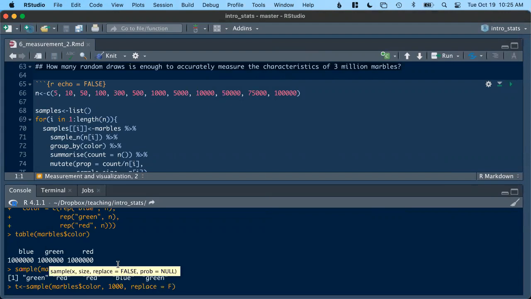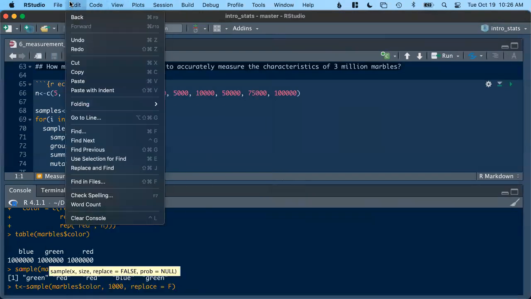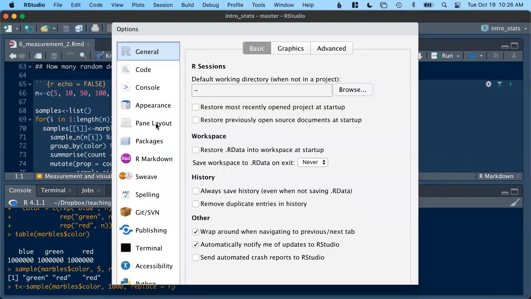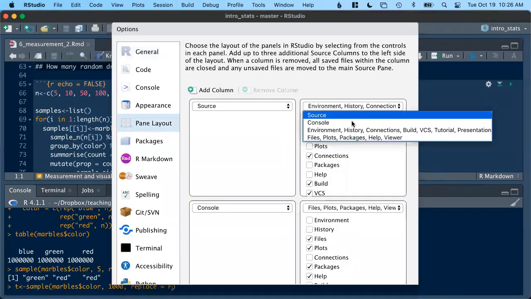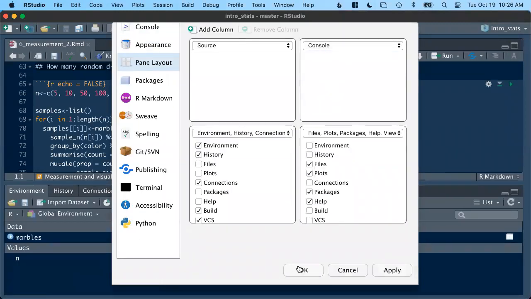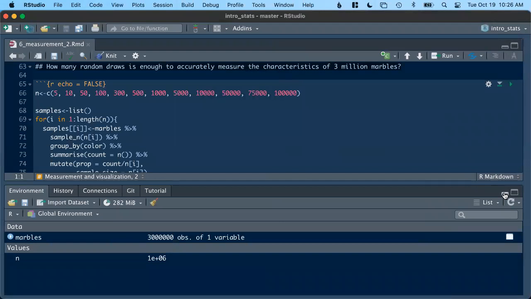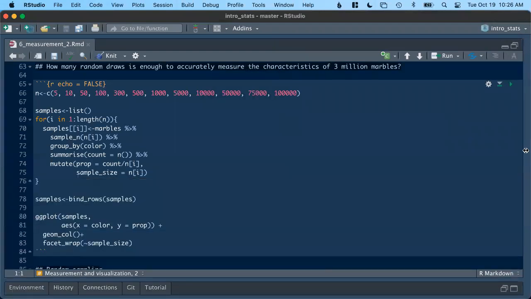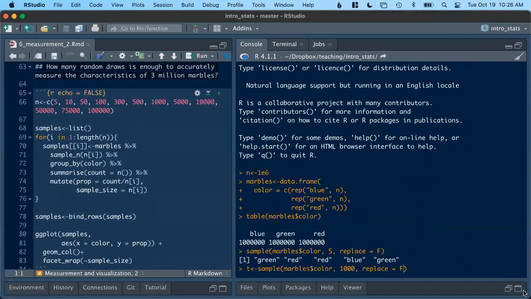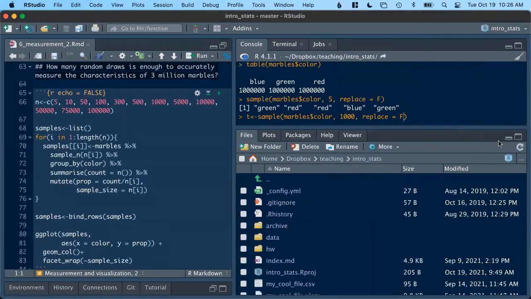I'm using the sample function to give it a vector, marbles color.